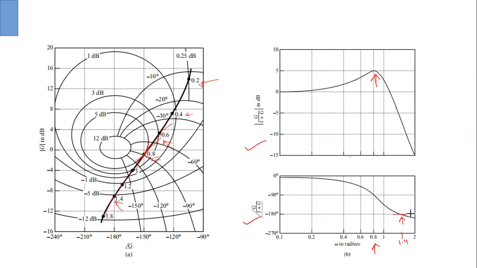So somewhere around here, that will give you the gain margin. And at 0 dB, whatever angle remains from minus 180 degree, this is your phase margin.